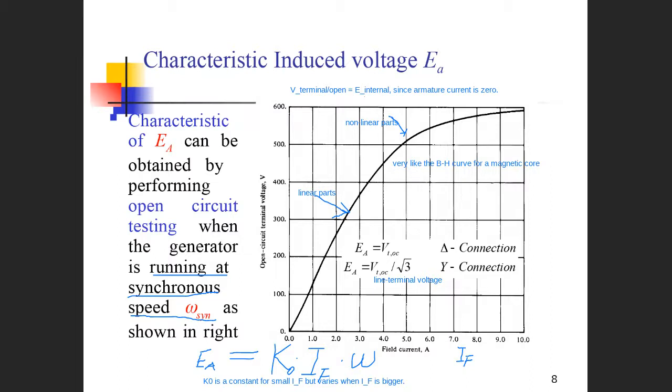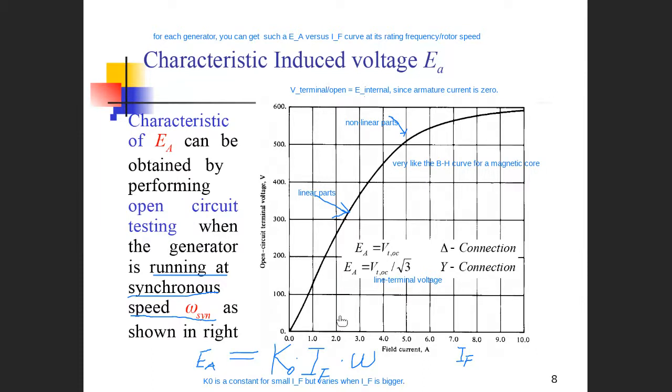And a rating frequency. For any generator, you can get such internal induced voltage EA versus field current IF curves and its rating frequency and rotor speed, usually using a separate excitation approach.